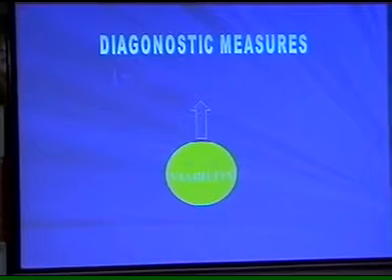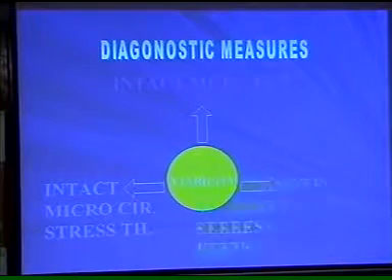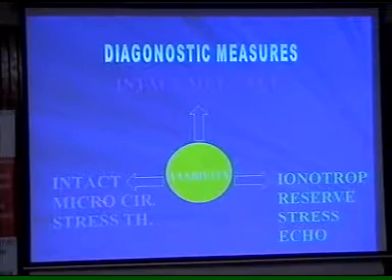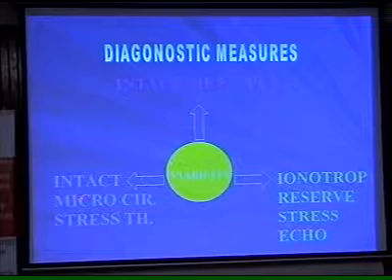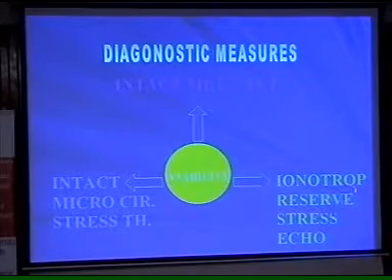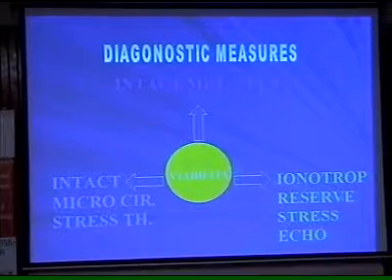So diagnostic measures are basically three different pathophysiologies. Stress thallium affects the microcirculation, and stress echo is basically about inotropic results. It is the true myocardial wall.